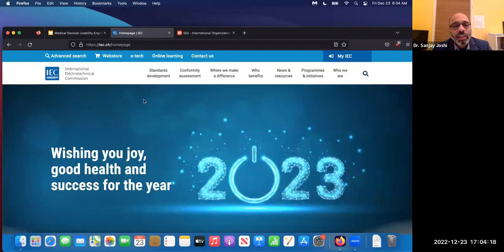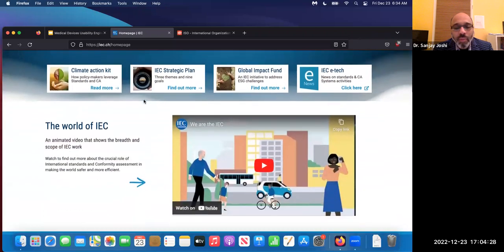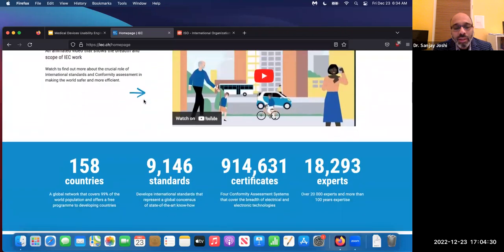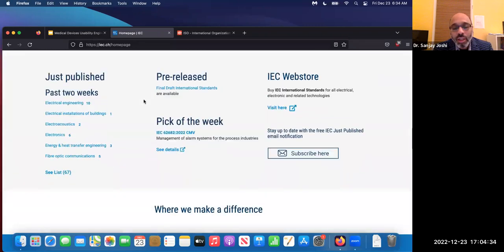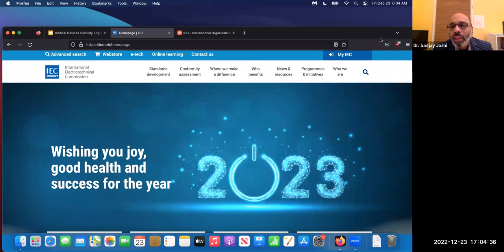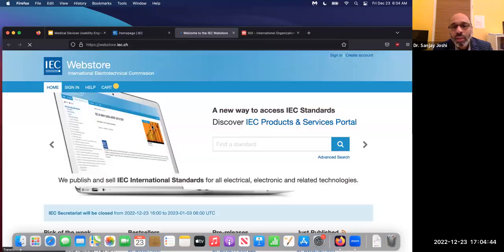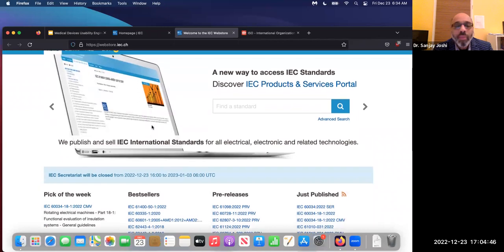IEC.ch is the homepage of the International Electrotechnical Commission, and the standard we are talking about today is published by them. They are based in Switzerland, and you can purchase these standards directly from IEC. If you go to My IEC, you can log in, and there is a web store where you can look and search for standards.